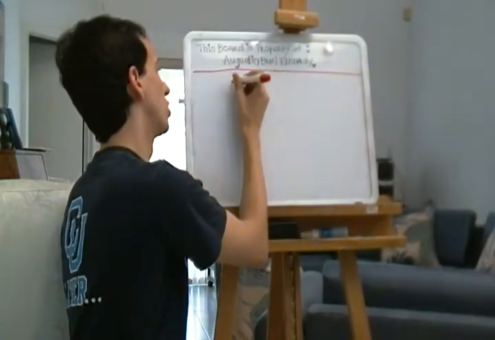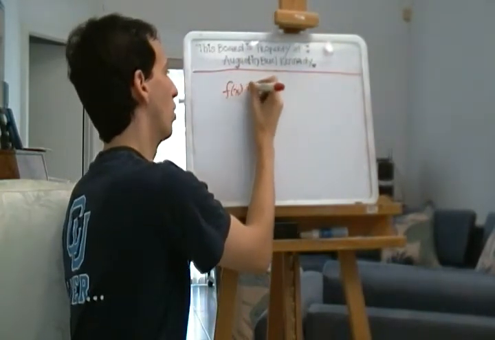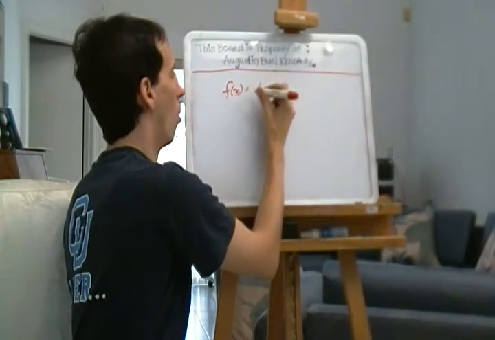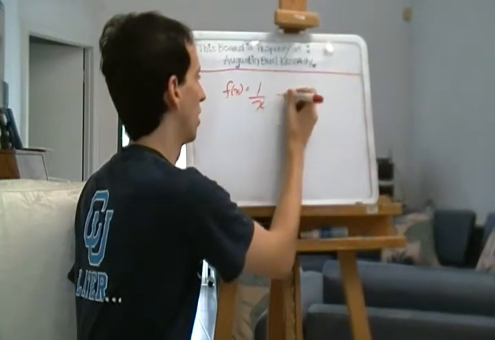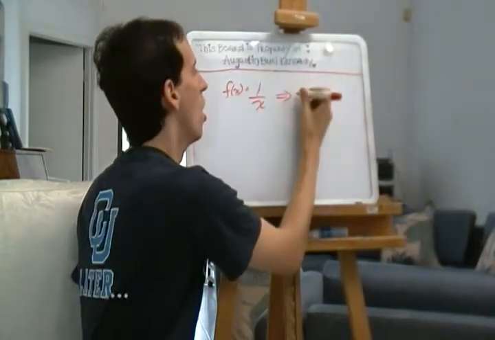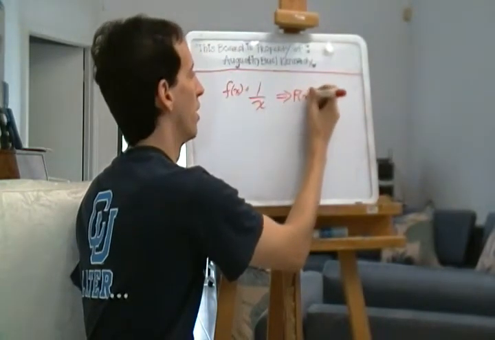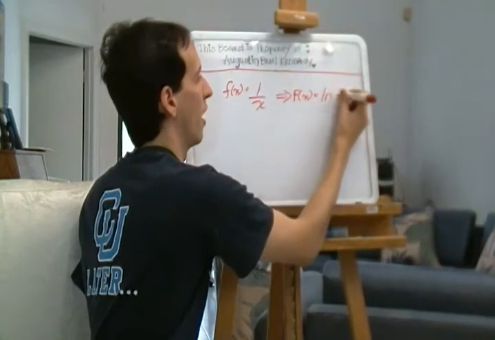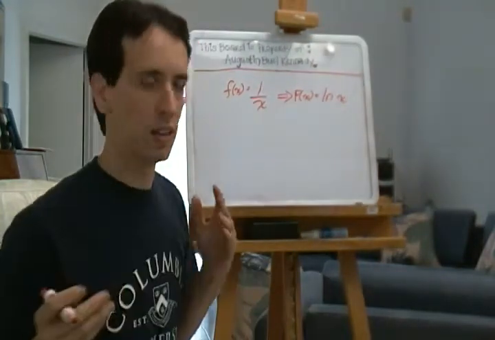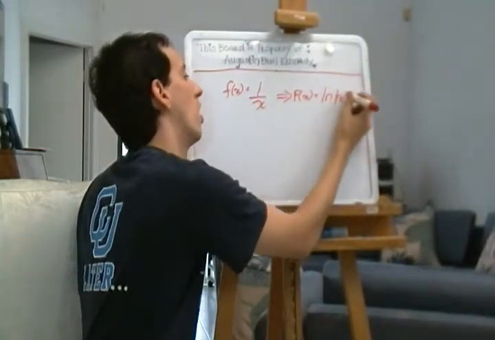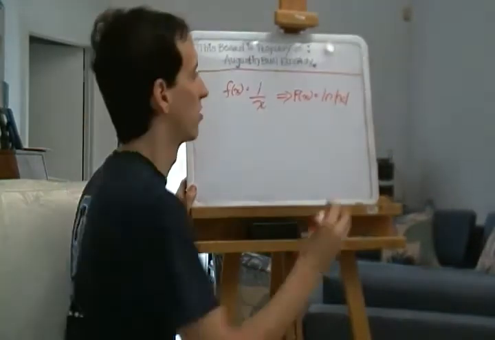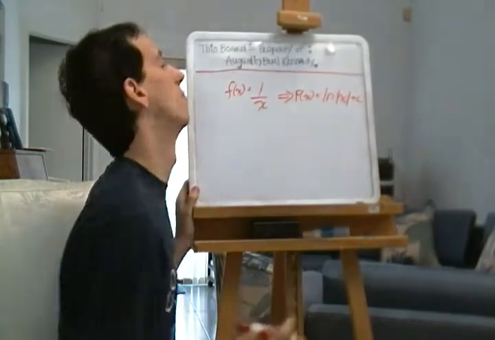So right here, we know this one. f of x equals 1 over x. Well, what function gives us that as the derivative? We know that that is the natural log of x. Except it could be the natural log of either the positive or the negative, so we call this the natural log of the absolute value of x, plus c.